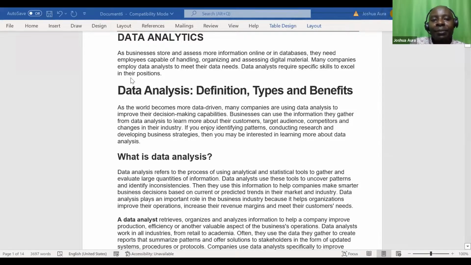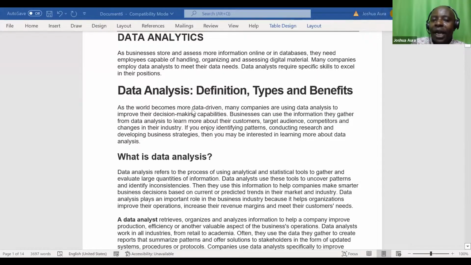So you're told here, as businesses store and access more information online or in databases, they need employees capable of handling, organizing, and assessing digital material. Many companies employ data analysts to meet their data needs. Data analysts require specific skills to excel in their positions.